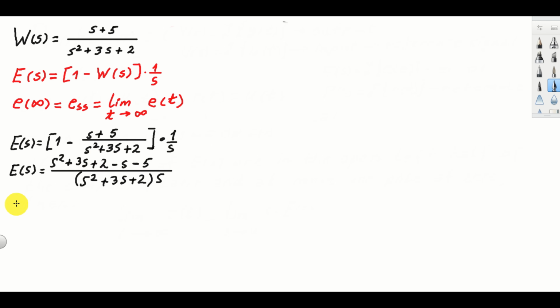So E of s finally becomes: in the denominator s multiplying (s squared plus 3s plus 2), and in the numerator s squared plus 2s minus 3, since 3s minus s becomes 2s, and 2 minus 5 is minus 3.